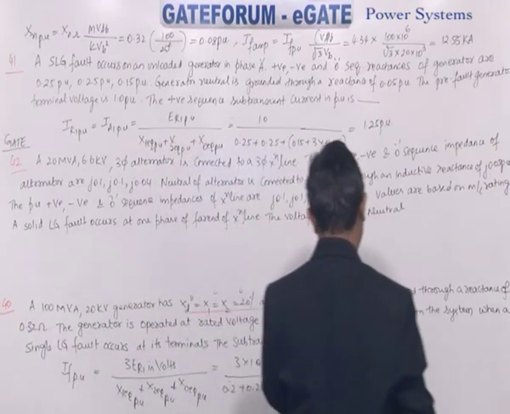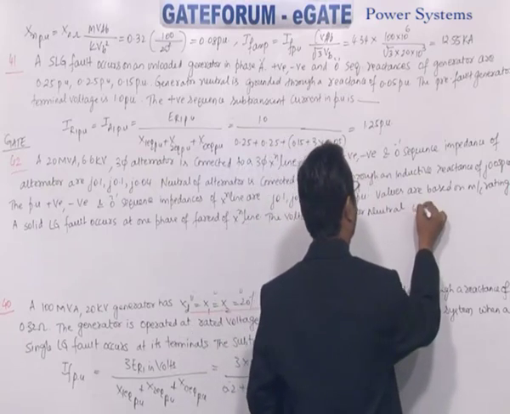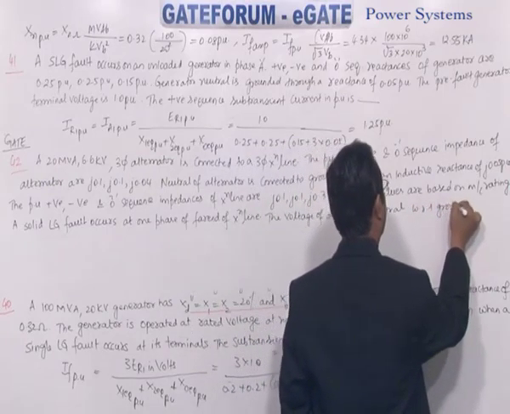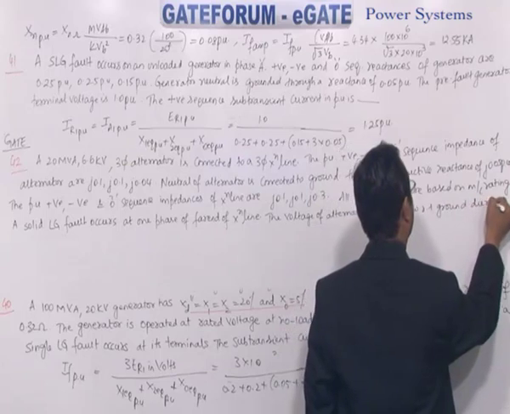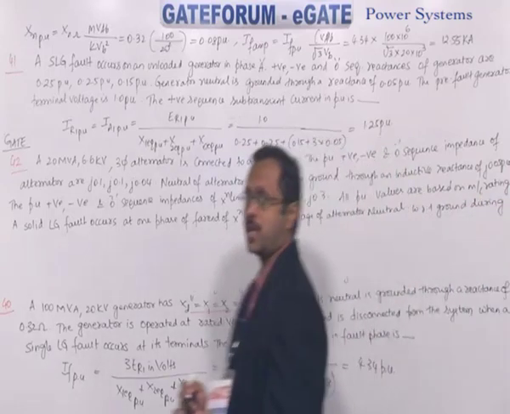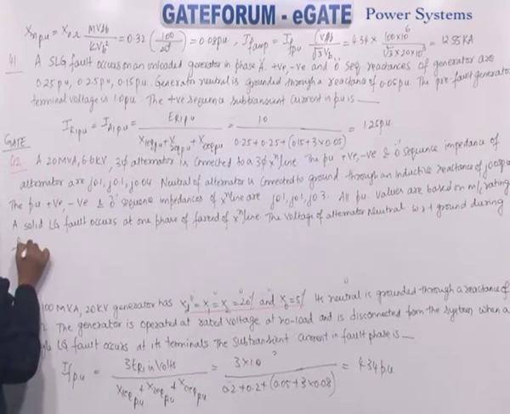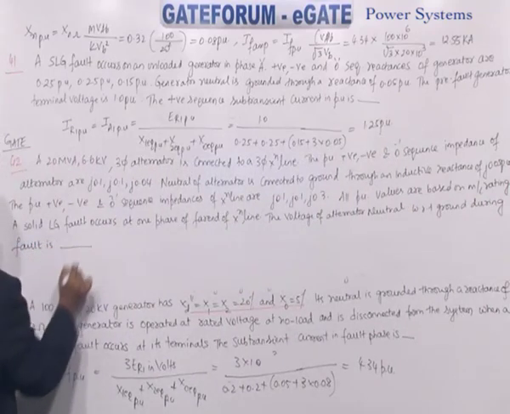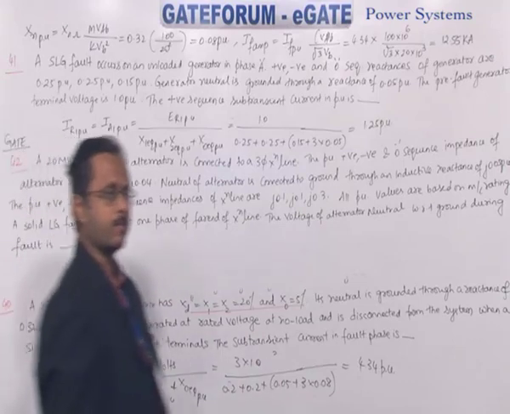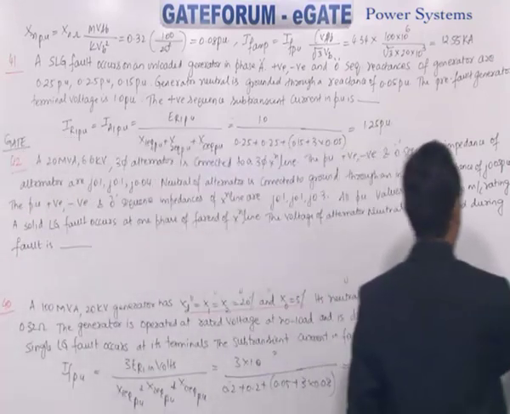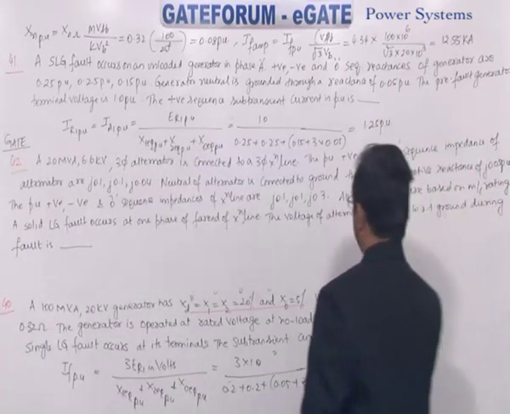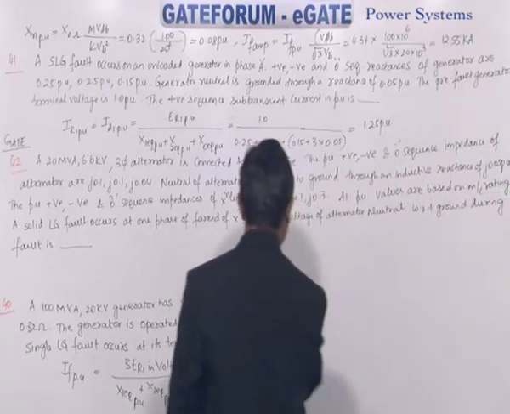The voltage of the alternator neutral with respect to ground during the fault is what we have to calculate here.